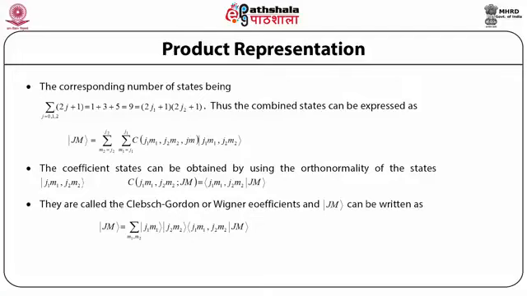The coupled state specified by quantum numbers capital J and capital M can be written as a linear combination of the product states with weights which are nothing but the Clebsch-Gordan coefficients.